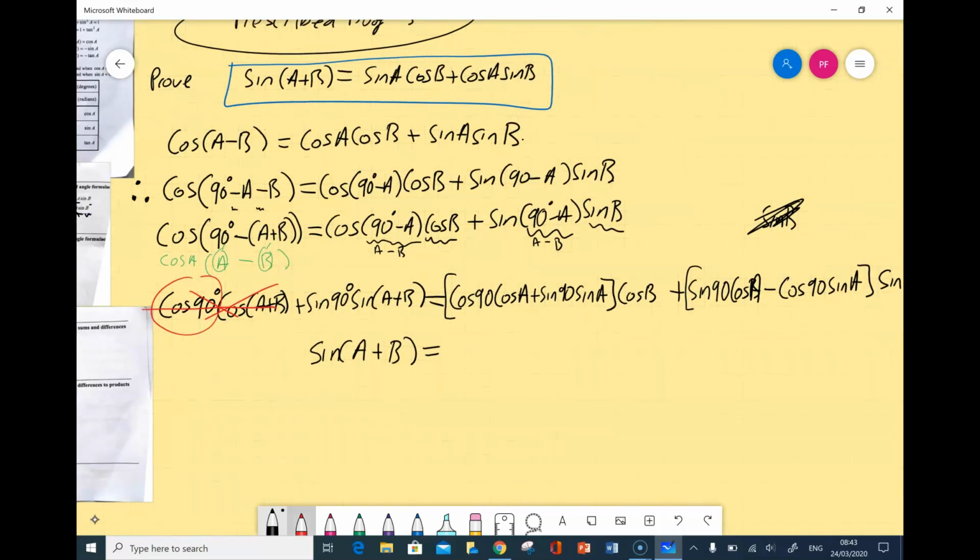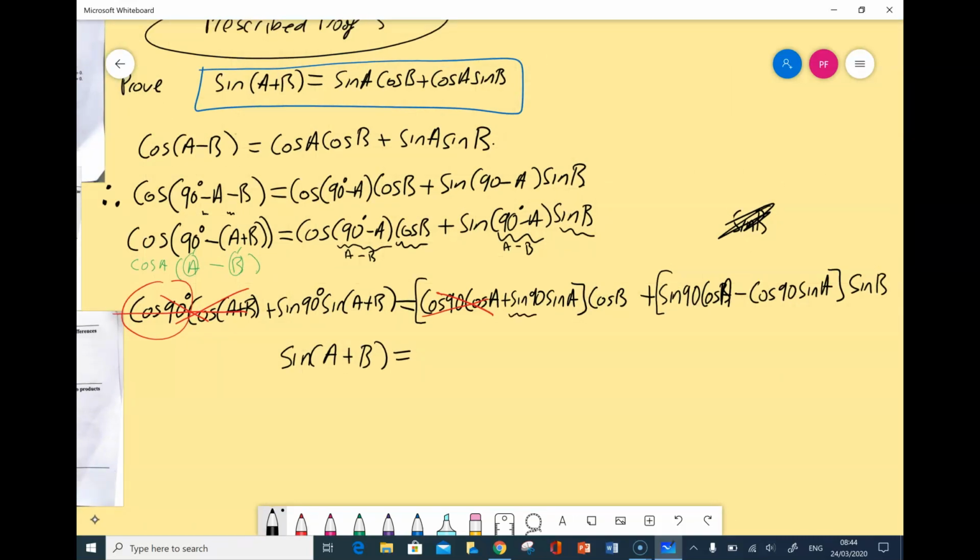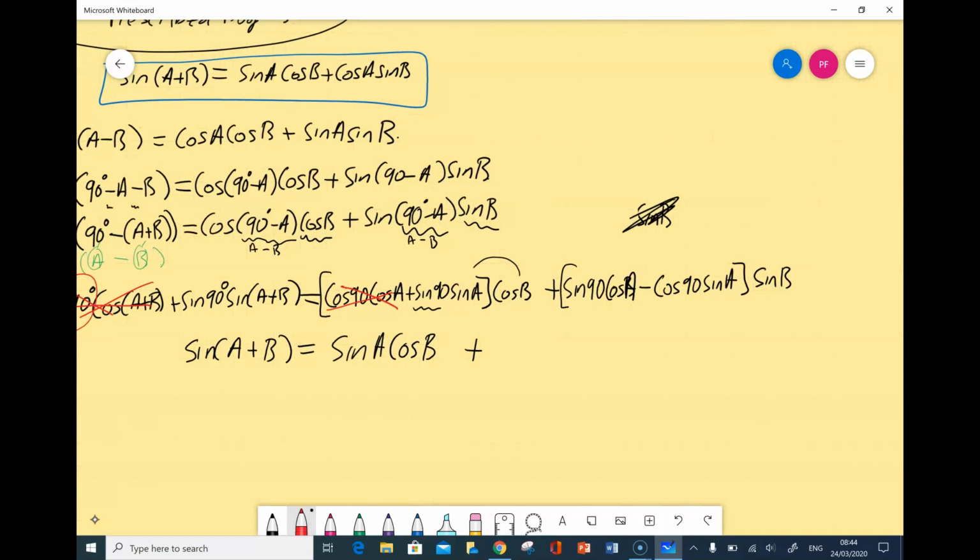Cos 90 turns to 0, so that's gone, and sine 90 turns to 1, so that's just sine A, and it's being multiplied by cos B, so it's just sine A cos B. Plus, so again, cos 90 turns to 0, so that's gone.